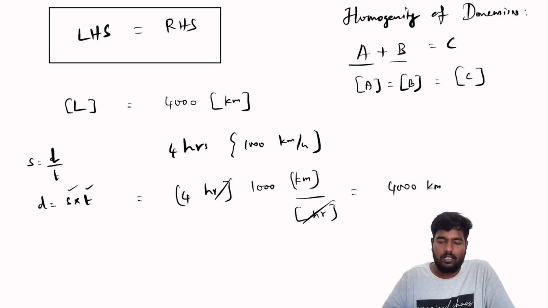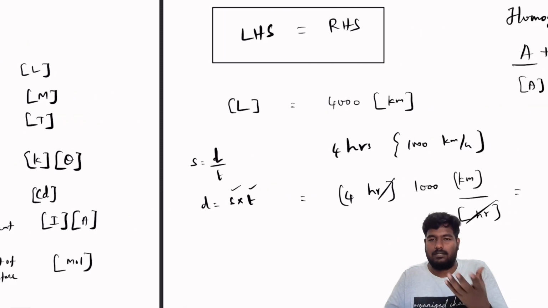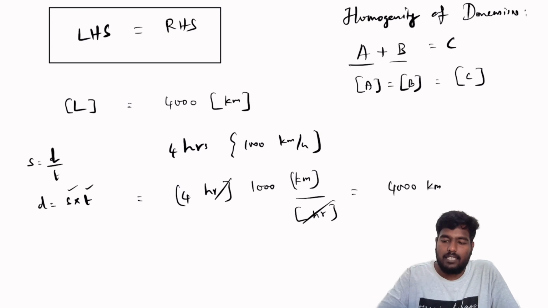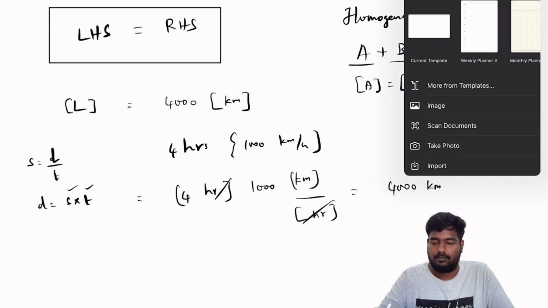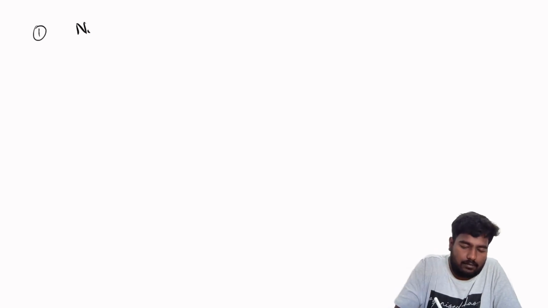So we have looked through what the fundamental dimensions are, and we just saw what homogeneity of dimension is, and there are some limitations to this dimensional analysis. So what are the limitations? One, as we discussed earlier, dimensional analysis is not precise.